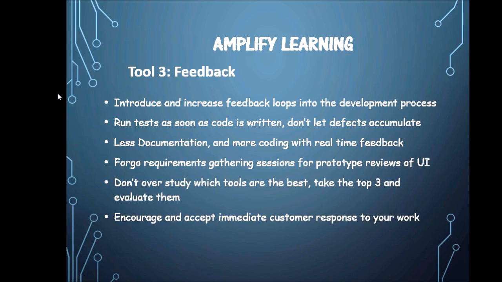The fourth one, forego requirements gathering sessions for prototype review of the user interface. Fifth, don't overstudy which tools are the best. Take the top 3 and evaluate them. Encourage and accept immediate customer response to your work.